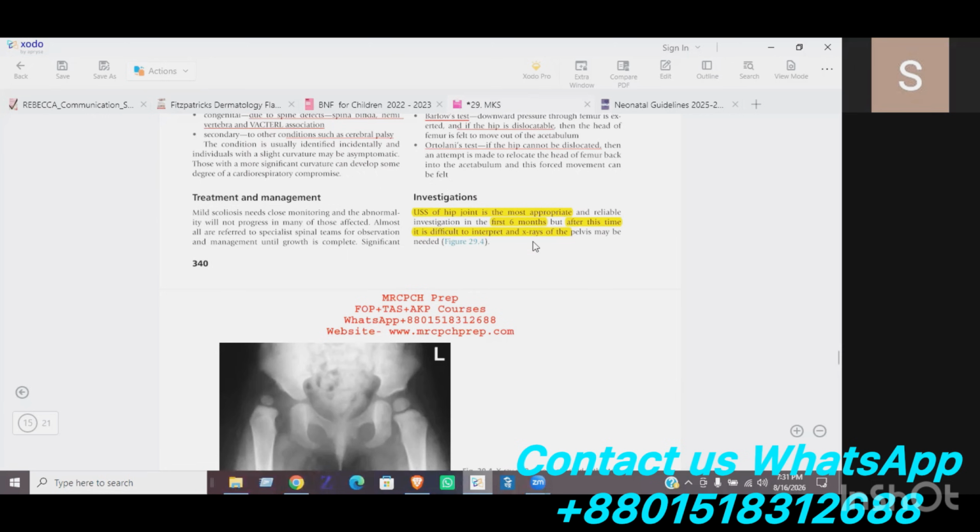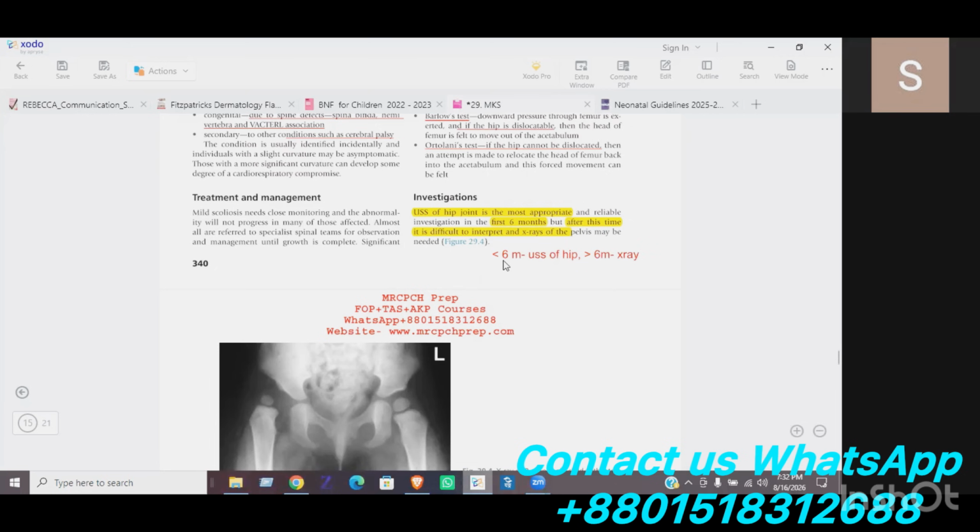After 6 months, it is X-ray. In the first 6 months we do ultrasound of the hip; if more than 6 months, do X-ray.